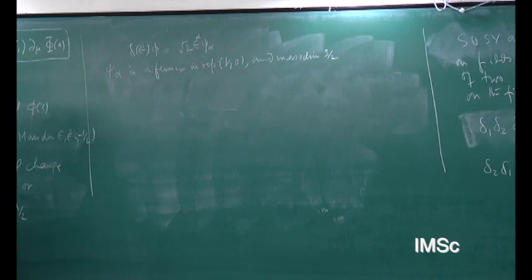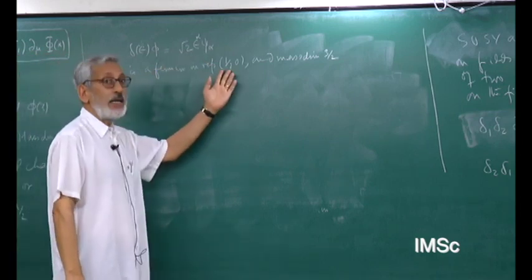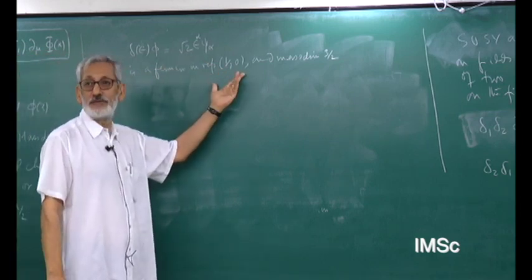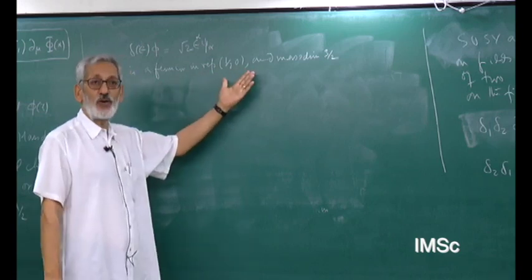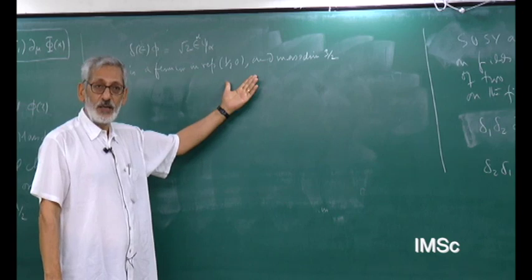I could have also put a fermion here in the 0, half representation. This is a left-handed fermion. I could also have put a right-handed fermion, but I have not done that.